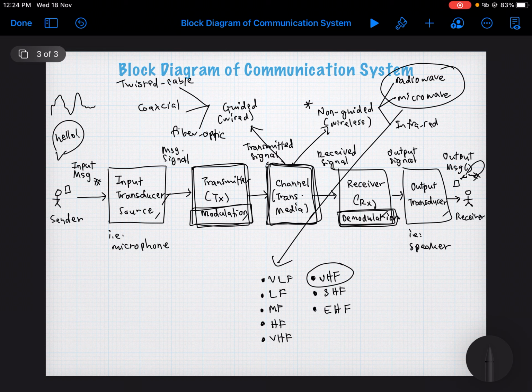Next, what I'm going to talk about is noise. Noise can be classified into two types, which is internal noise, from the circuit or the component of the device.